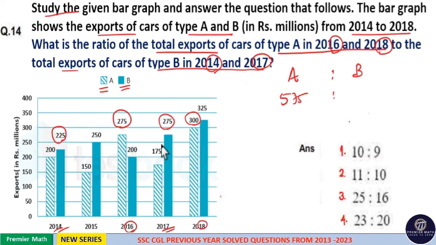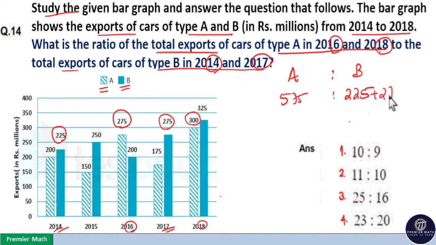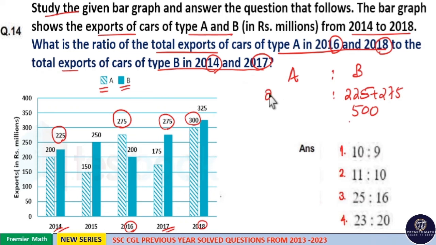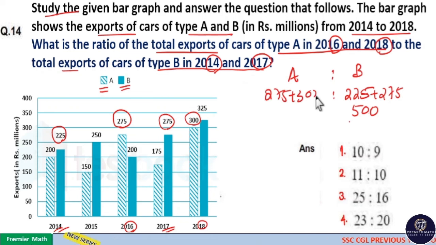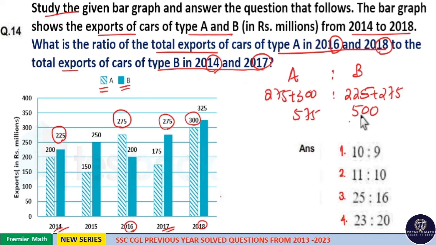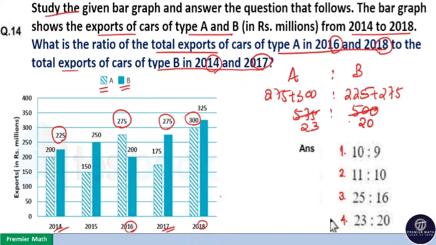So total is 225 plus 275, which is equal to 500. Now 25 goes 20 times in 500, and 25 goes 23 times in 575. Option 4 is your answer.